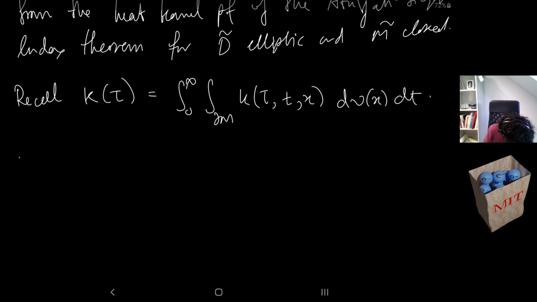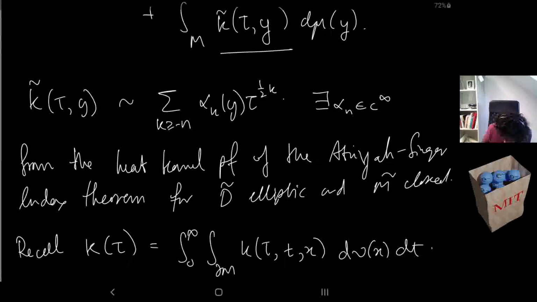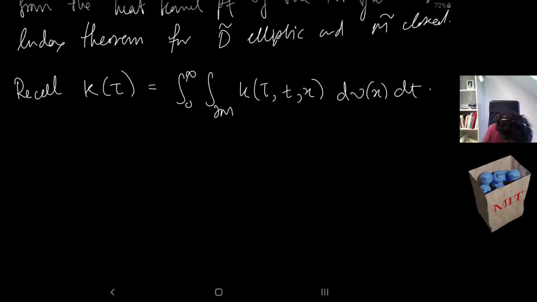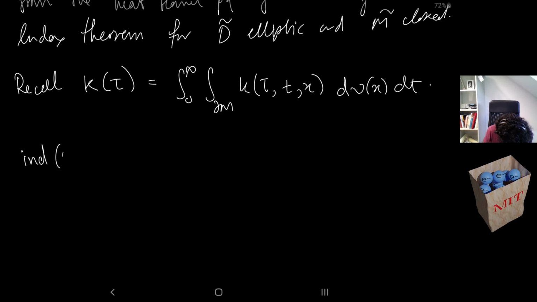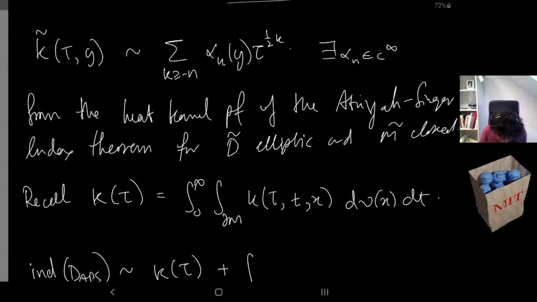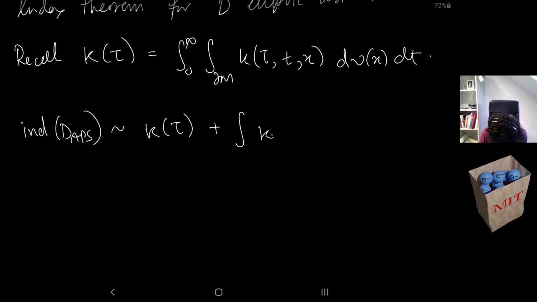From this expression, we have that the index of D APS is like the k tau plus the integral now over this k tilde tau y d mu y.